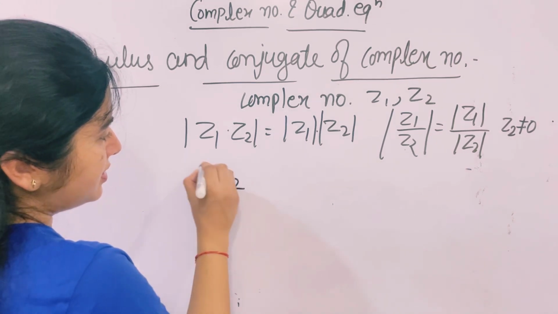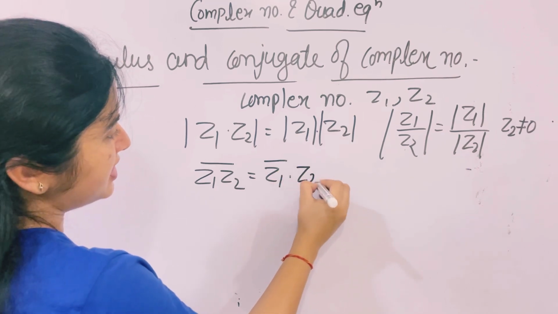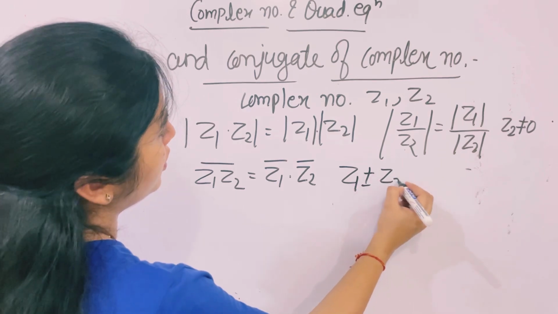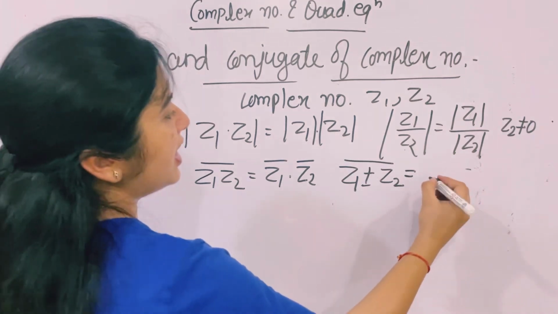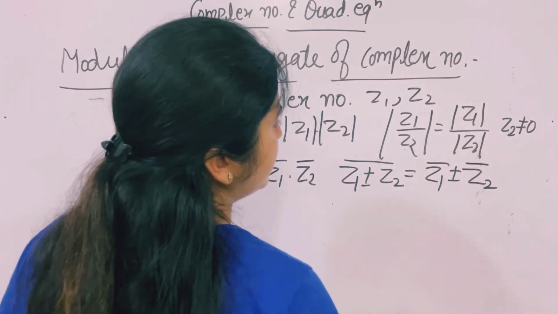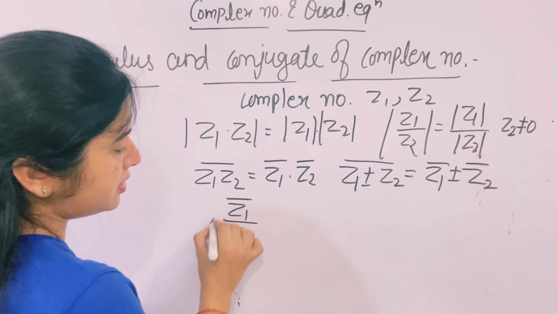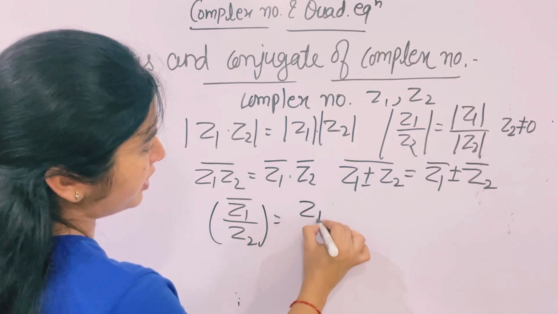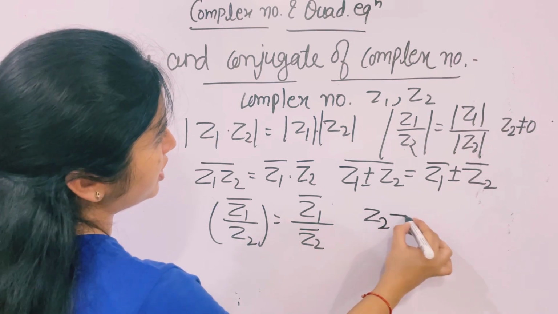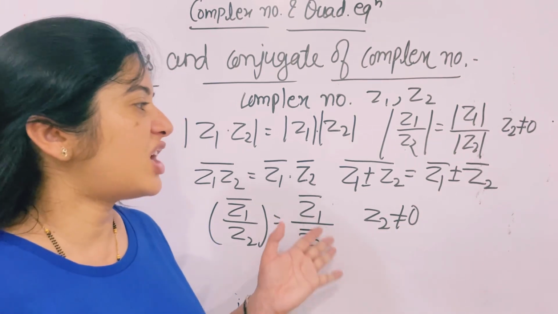The conjugate of z1 z2 is z1 bar multiplied by z2 bar. The conjugate of z1 plus minus z2 is z1 conjugate plus minus z2 conjugate. The conjugate of z1 upon z2 will be equal to z1 conjugate upon z2 conjugate. Similarly, z2 should not be equal to 0. These are more results which can be derived.